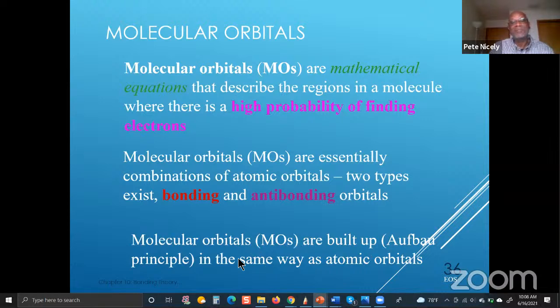Molecular orbitals are built up in pretty much the same way as atomic orbitals. And this is in reference to how the electrons are distributed among molecular orbitals. It's basically following the same rules as in the case of atomic orbitals.